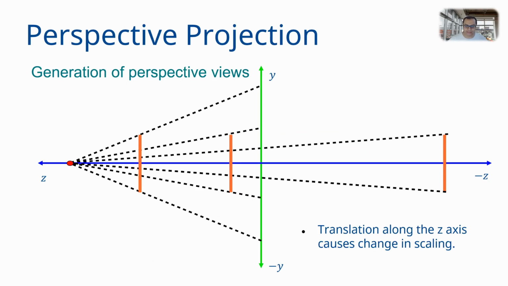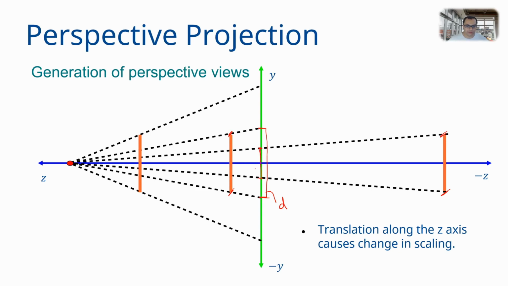Translation in the Z direction, which is the principal axis in this case, causes zoom. If this was my object to start with, then the size of the object in the image was given by this. The size of the object in the image to start with is D. If I translate this object further back, away from the camera, then the size of the object in the image becomes smaller.